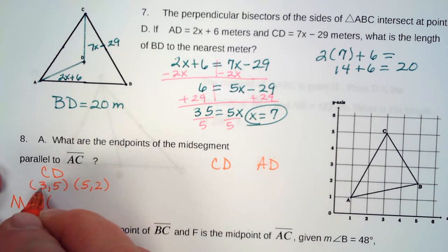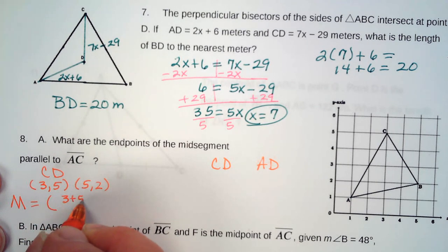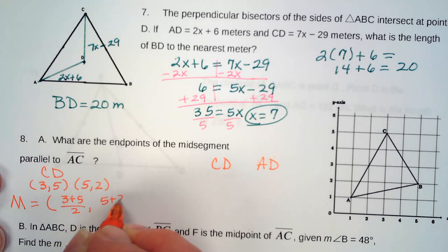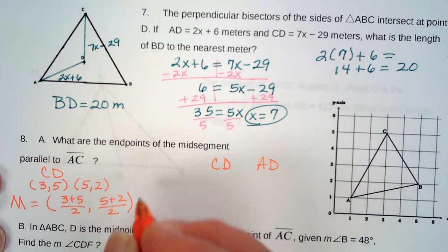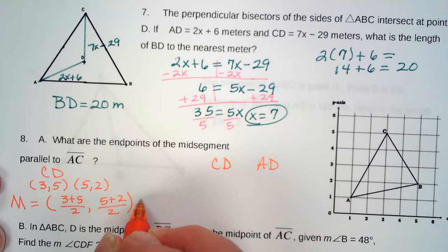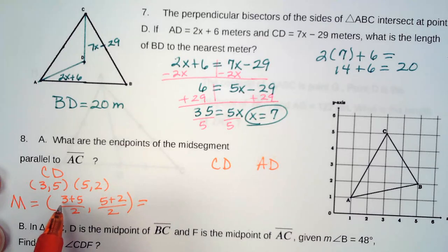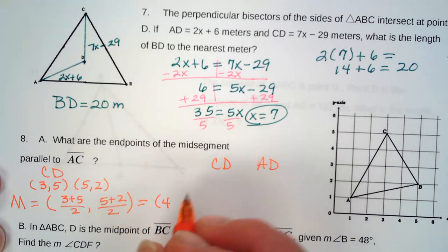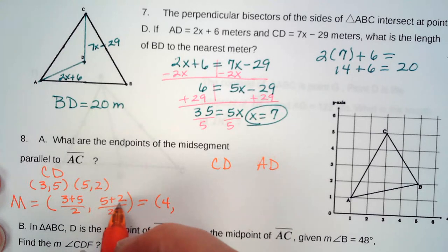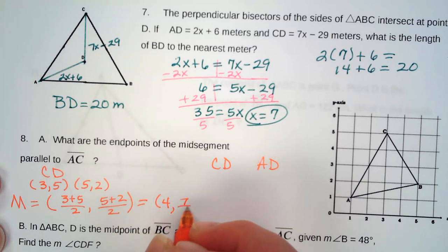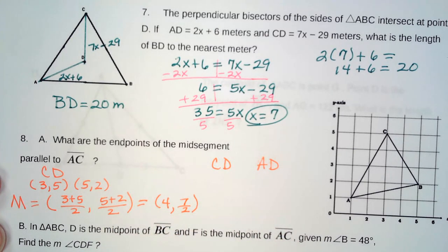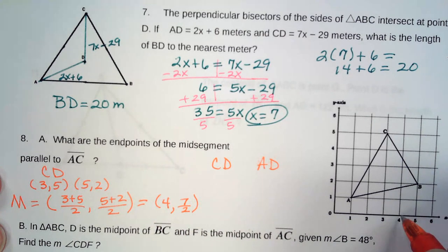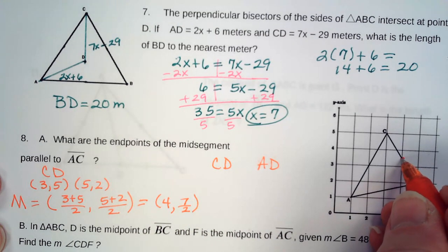You add them together, 3 plus 5 divided by 2, and then 5 plus 2 divided by 2. Okay, 3 plus 5 is 8, divided by 2 is 4, and 5 plus 2 is 7, divided by 2 is 7 halves. So it's 4, 7 halves, and it'll be right here.